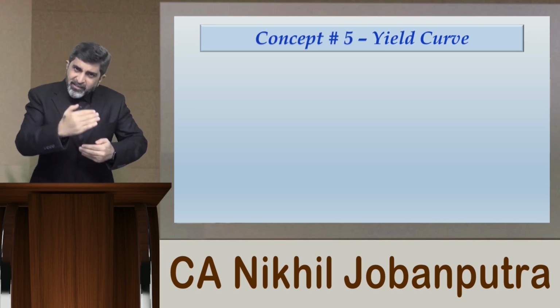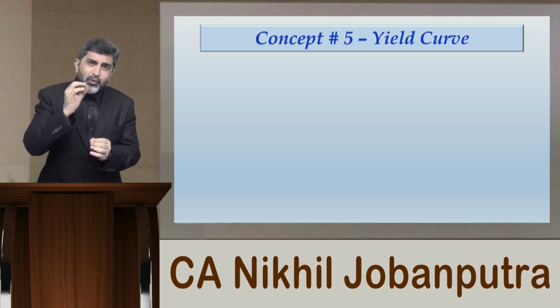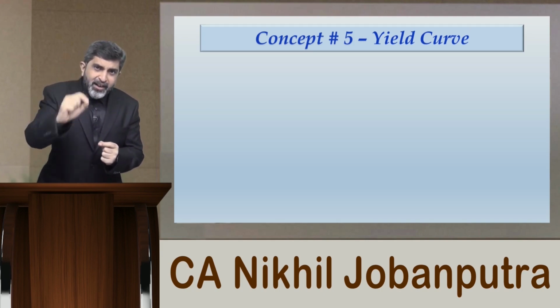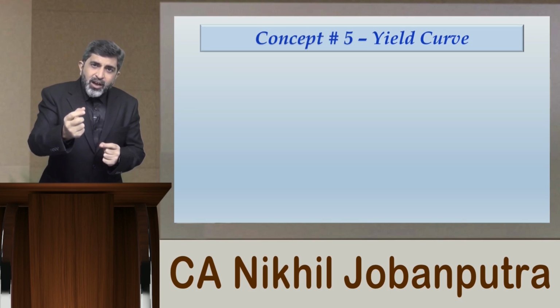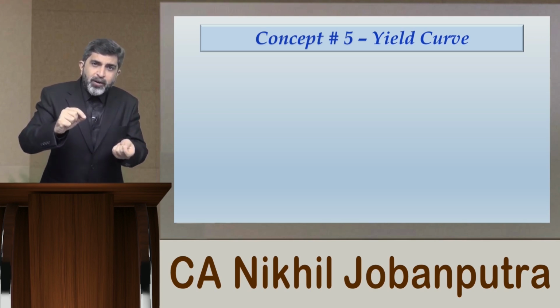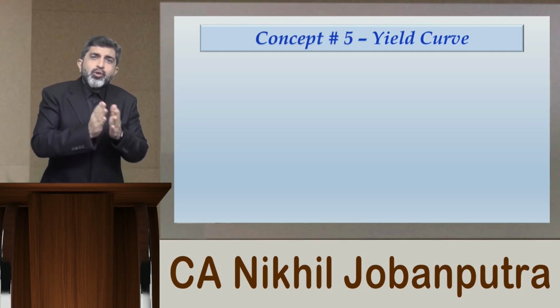Now, if there is a higher degree of risk, what will happen? Just imagine. To compensate for that higher degree of risk, the bond issuer will definitely try to offer a little higher yield on that bond by offering a little higher coupon payment.